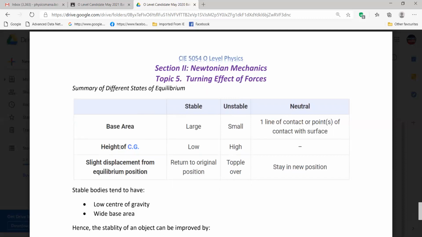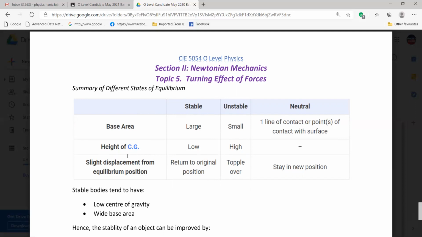Then the height of CG, that is center of gravity, if it is lower, lower the center of gravity, then it is more stable, right? Yes. Then if it is a smaller base area, then it is unstable. If the center of gravity is at a higher place, then it is unstable, right?